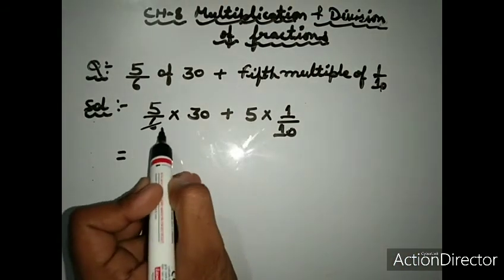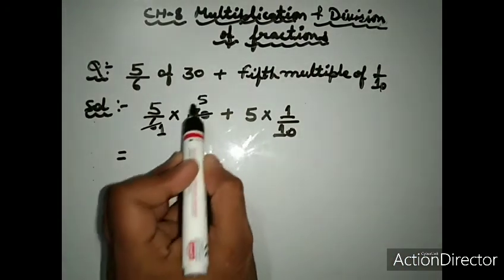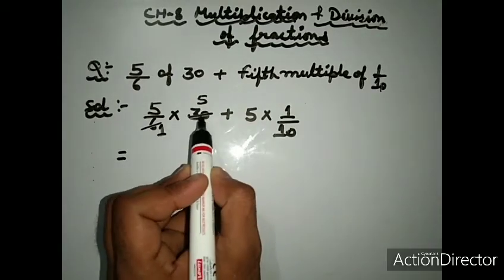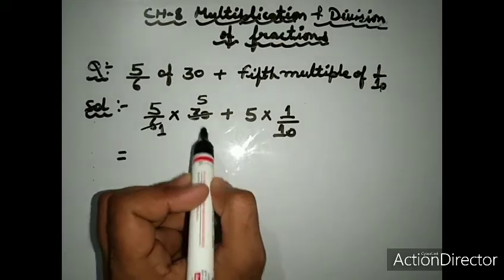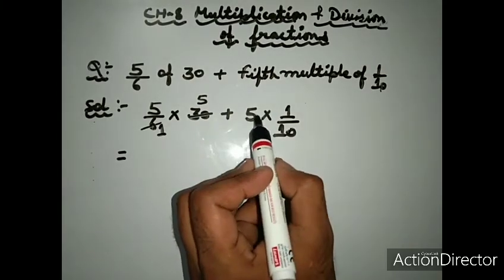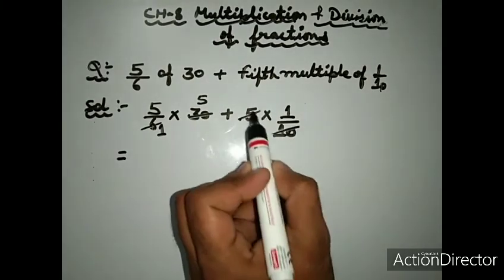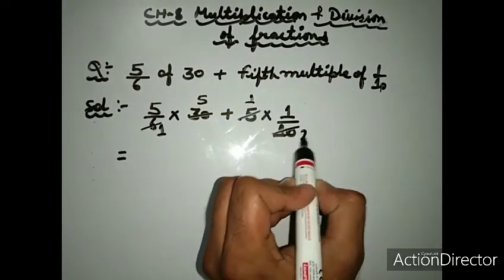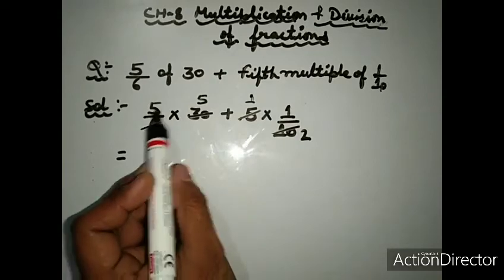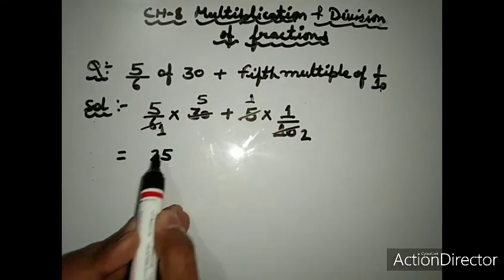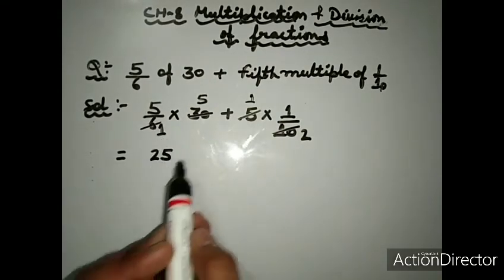Now 6 ones are 6 and 6 fives are 30. You all know that here we divide this whole number by this denominator. Now this 10 is divisible by 5, 5 ones are 5 and 5 twos are 10. Now there is no other number divisible by another number. So here we write 5 fives are 25. Here is 1, so there is no need to write 1 as a denominator.